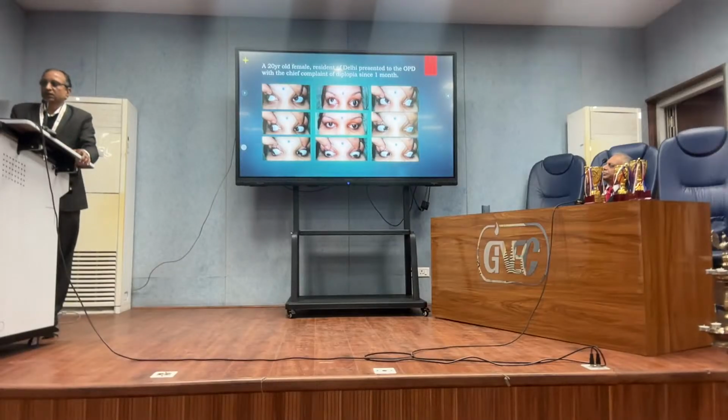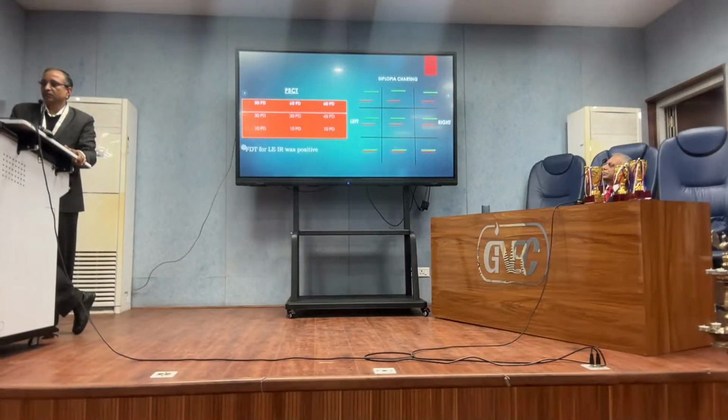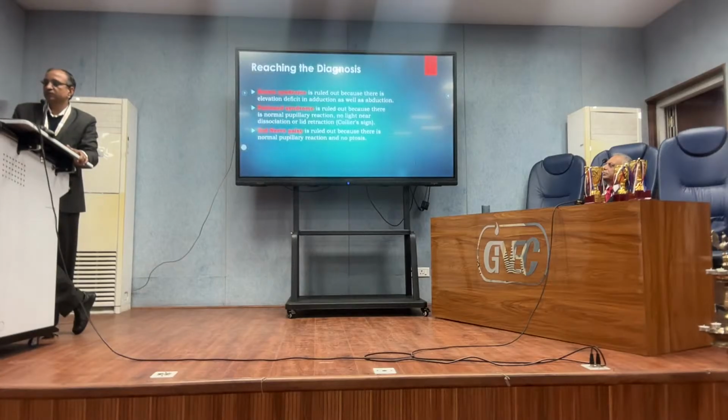This is a 20-year-old female resident of Delhi, who presented with chief complaint of diplopia since 1 month. These are the ductions and diplopia findings. Here Brown is ruled out because there is elevation deficit in adduction and abduction.